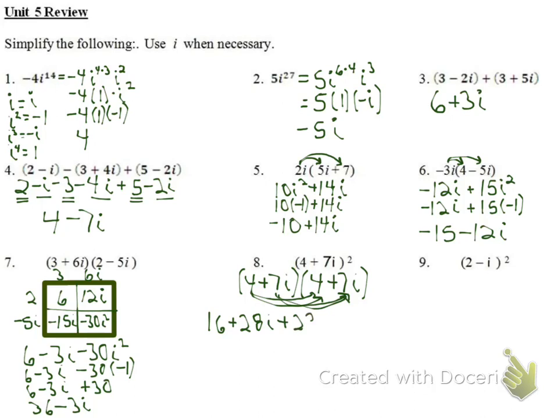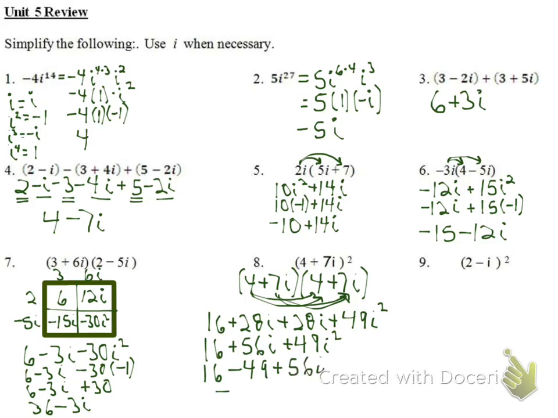That's 28i plus 49i squared. I get 16 plus 56i plus 49i squared, but we know i squared is negative 1, so it becomes 16 minus 49 plus 56i, and by simplifying we get negative 33 plus 56i.